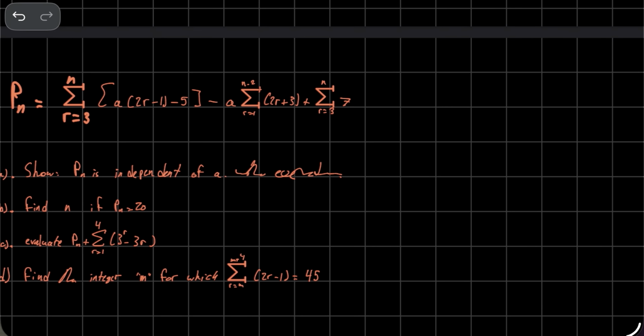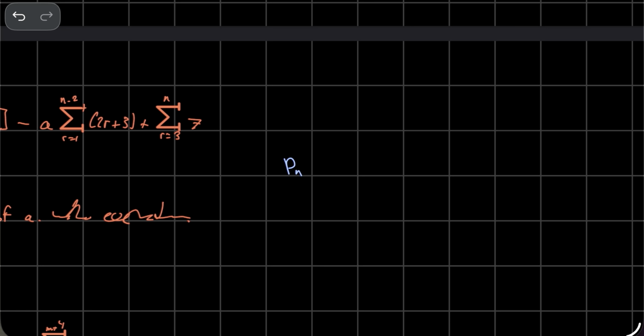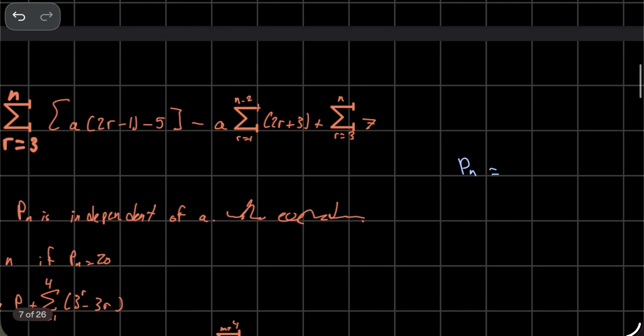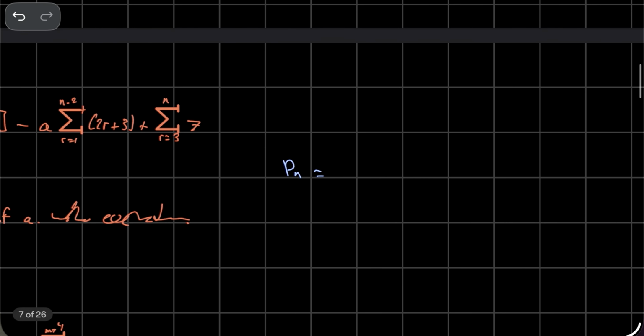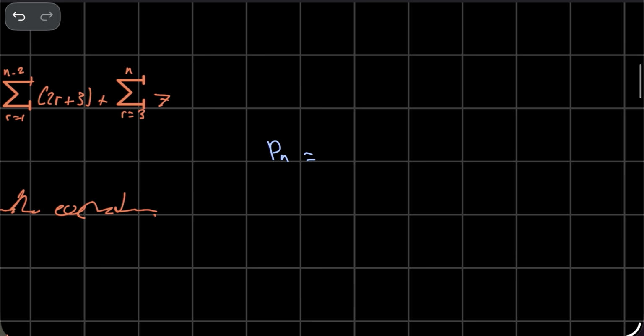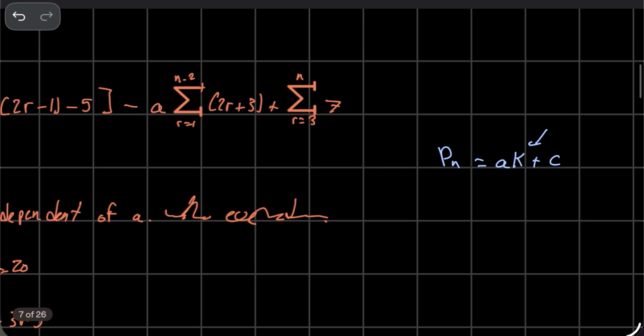So first, we have to know what is meant by independent of A. If Pn is independent of A, then since A is a part of Pn, we can probably take it as a common factor from different terms. So let's say after factorizing and simplifying, we get the term AK plus C, and K maybe includes sigmas of r, maybe not.